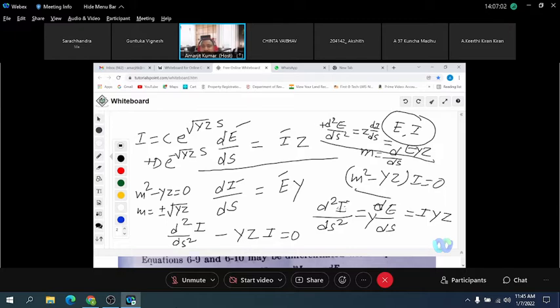Again the same form, d square E by ds square minus E YZ is equal to 0. So you can write voltage as some constant A into e to the power root YZ s plus B into e to the power minus root YZ s.